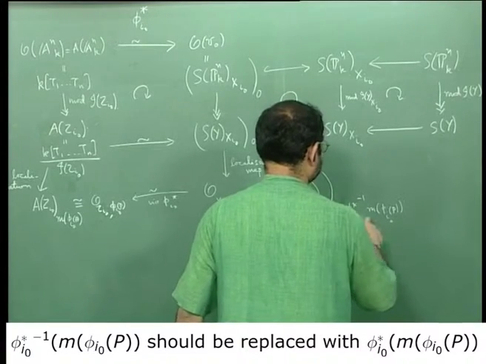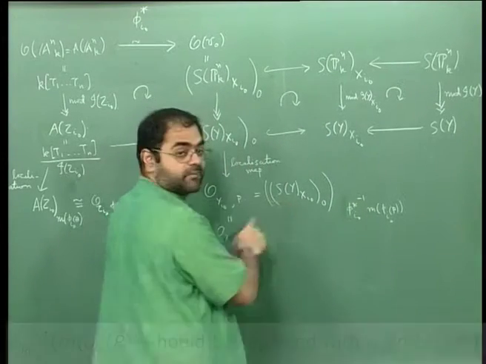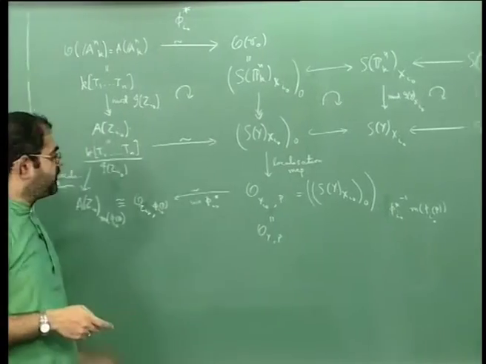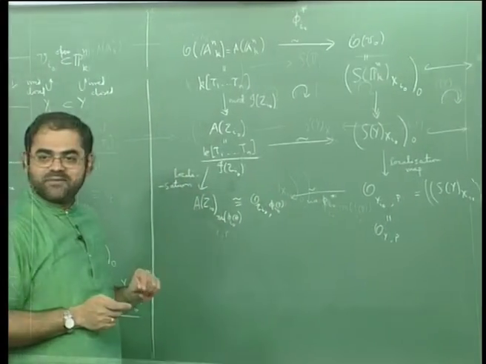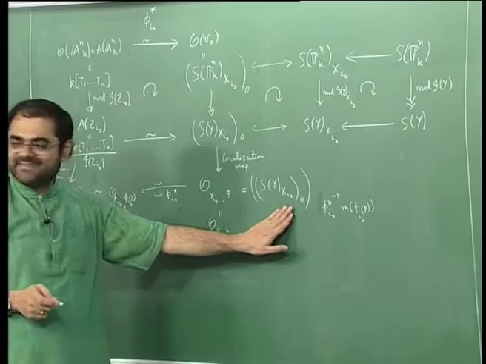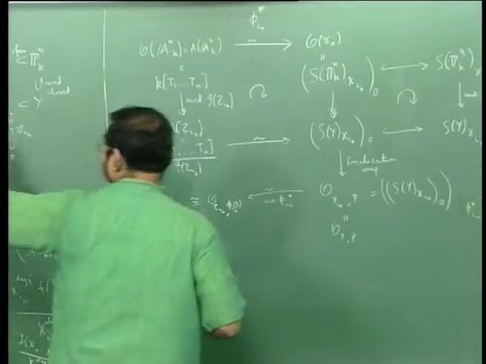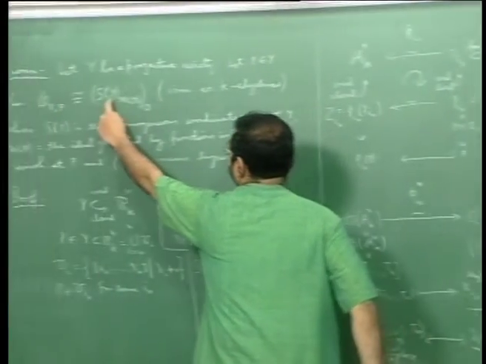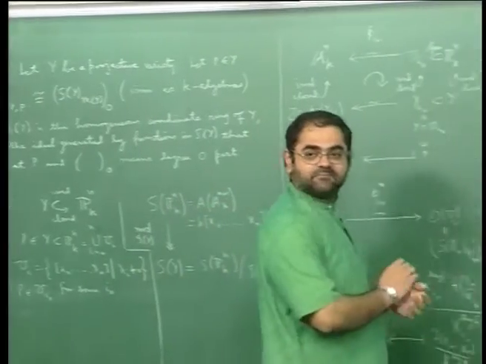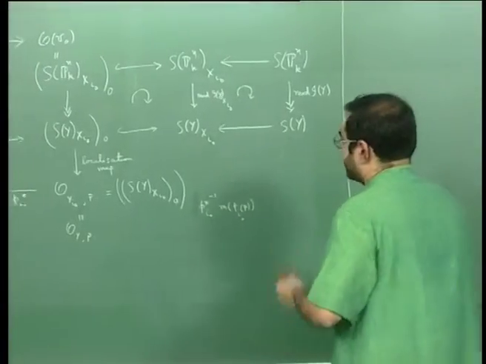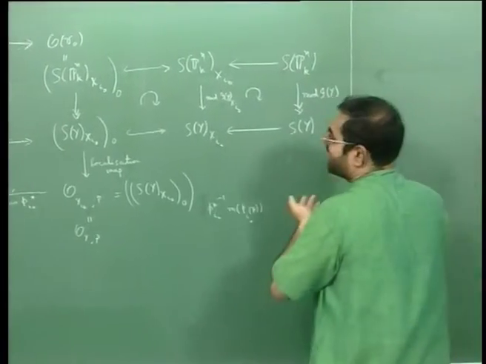You have to localize at this ideal, okay, this is what it is going to be. If you just follow the commutative algebra, this is what it's going to be, and you have to show that this thing is the same as that, okay, you have to show that this is the same as that. Yeah, so one has to really write this down.